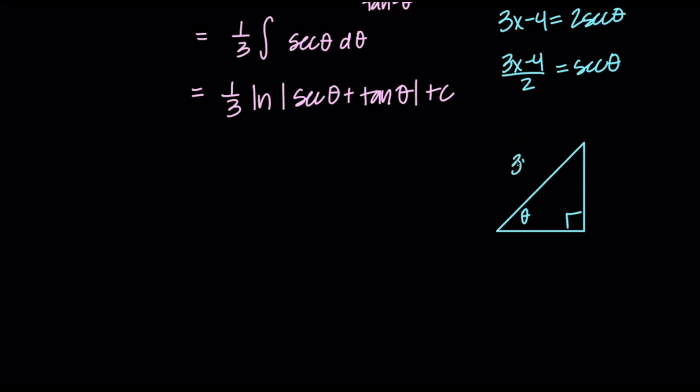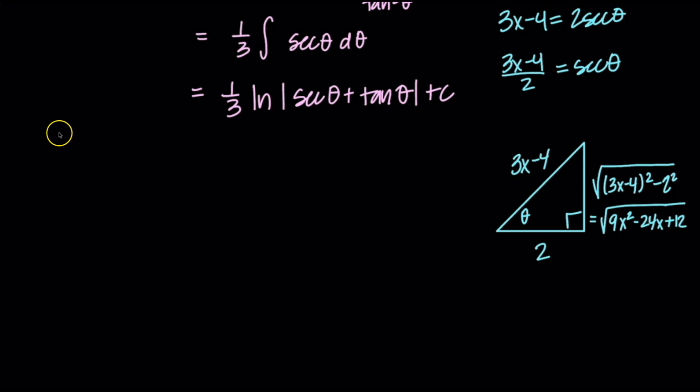So the hypotenuse is 3x minus 4, and the adjacent side is 2. The missing side is the square root of 3x minus 4 squared minus 2 squared. If you recognize this, this is exactly what we worked for at the beginning of the problem to turn it into that perfect square trinomial. So the part underneath the radical is that original 9x squared minus 24x plus 12.